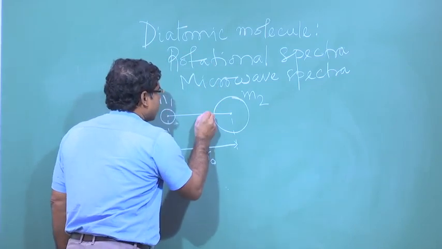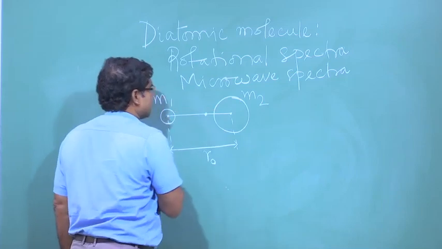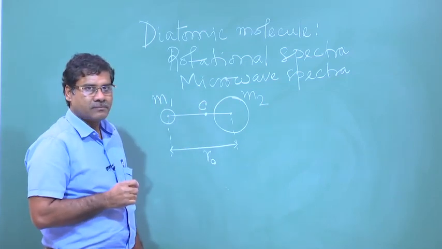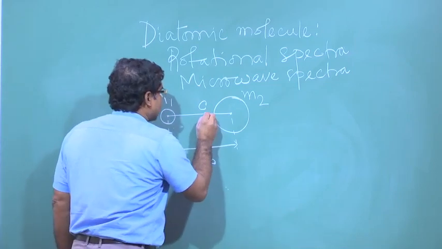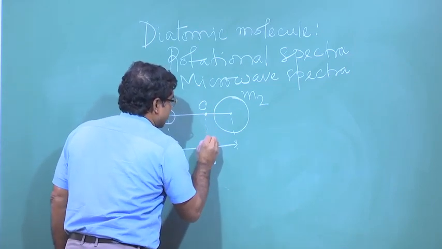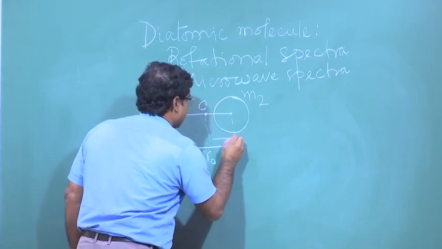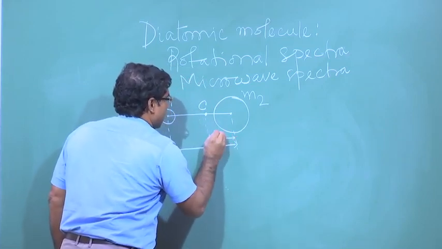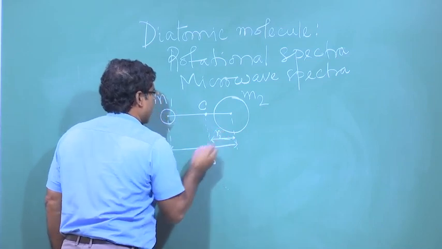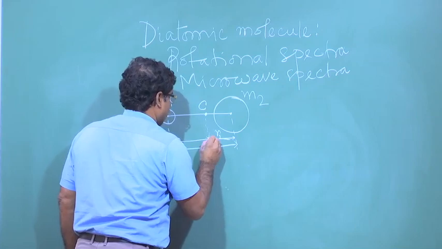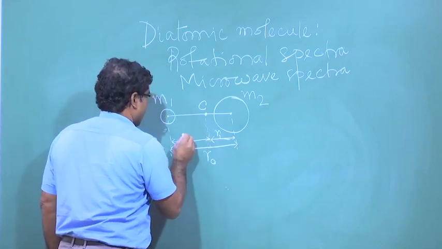For that one has to consider the center of gravity. From the center of gravity, this distance say r2 and this distance say r1.